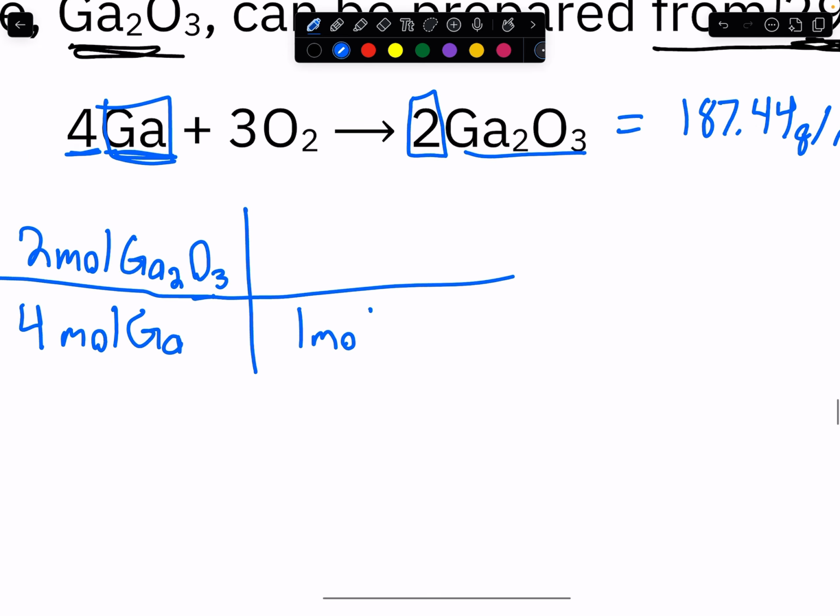So I know 1 mole of this equals 187.44 grams of Ga2O3.